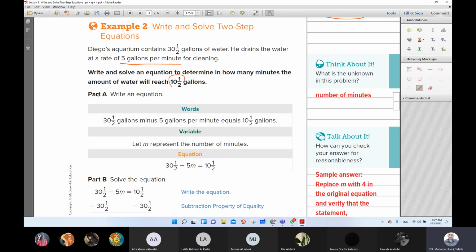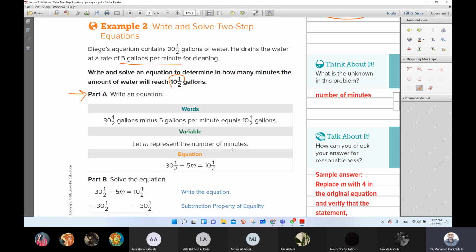So the first step, we want to write the equation. We have 30.5 gallons minus 5 gallons per minute, represent M, means the number of minutes, equal 10.5 gallons.